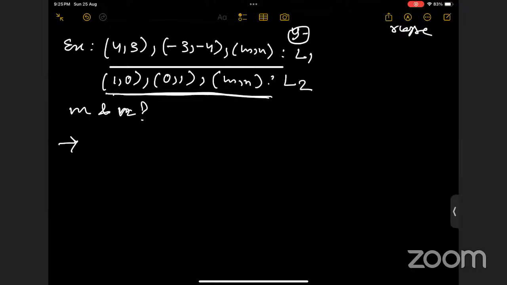Can anyone unmute yourself and say what will be the method? What is the method we can use to solve the example?